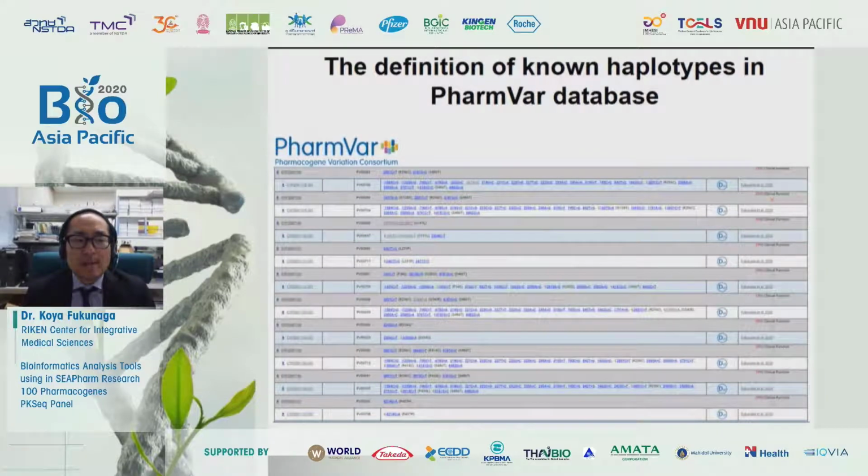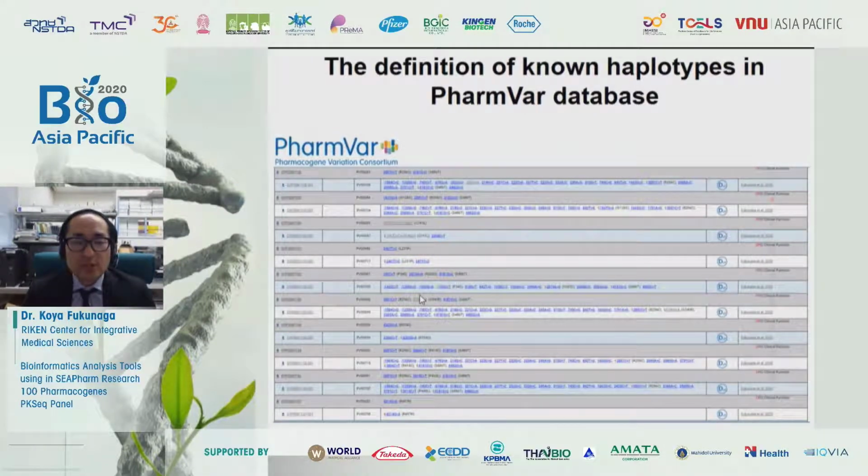I show the PharmVar website. PharmVar means the Pharmacogene Variation Consortium, which is a central repository for PGx variation that focuses on haplotype structure and allelic variants.